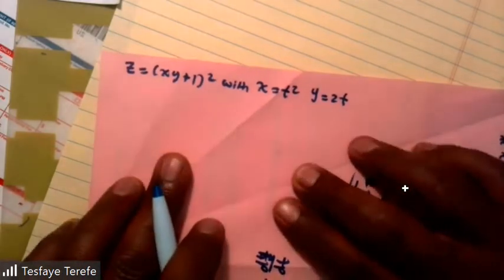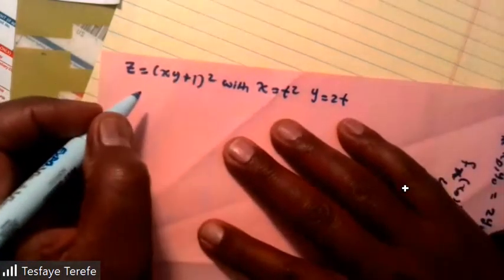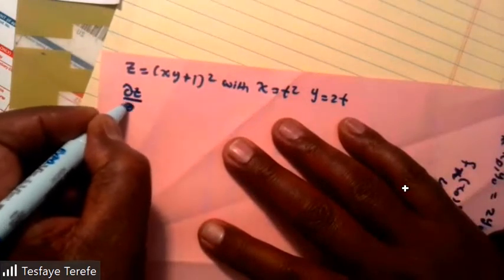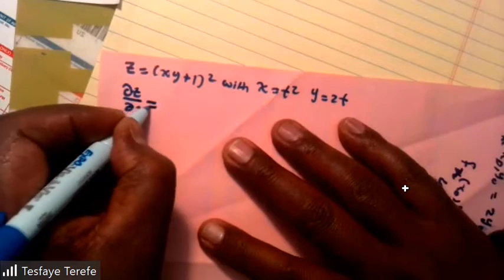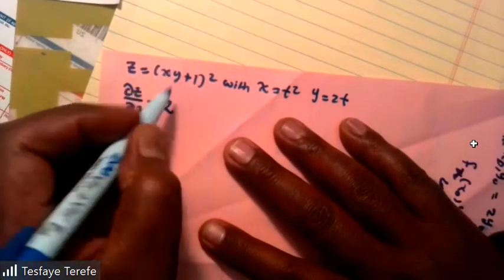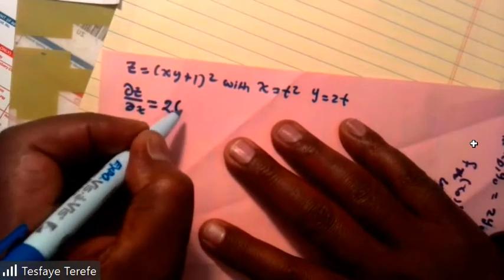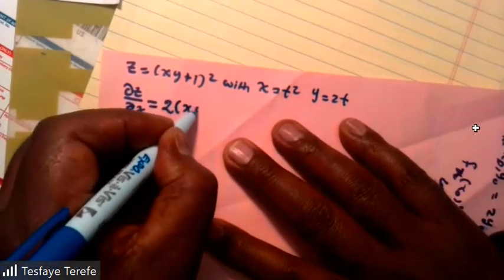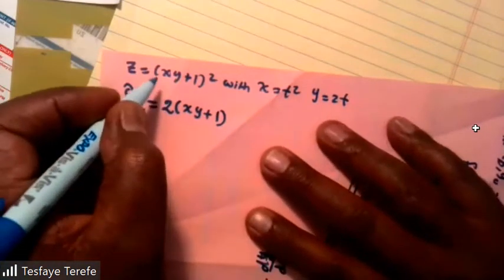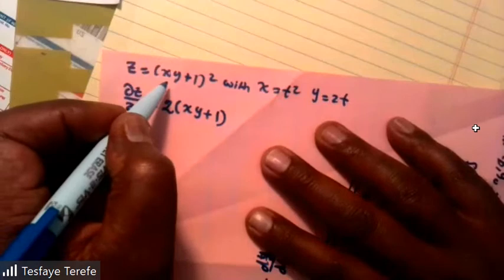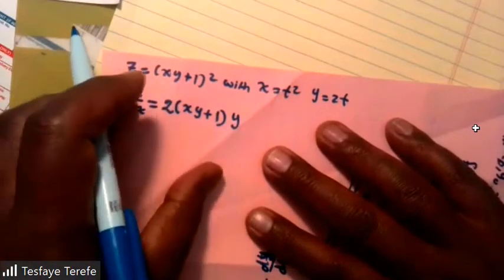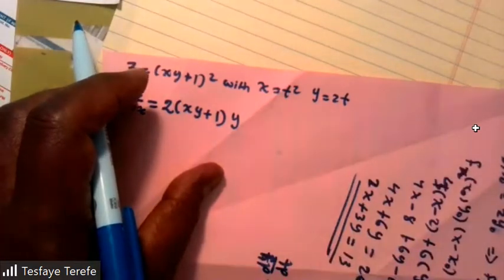So what is really happening? Let us apply ∂z/∂x first. You can find the derivative of the external function, 2 times (xy plus 1), and when you differentiate with respect to x, the derivative of the inner part is going to be y. All right.